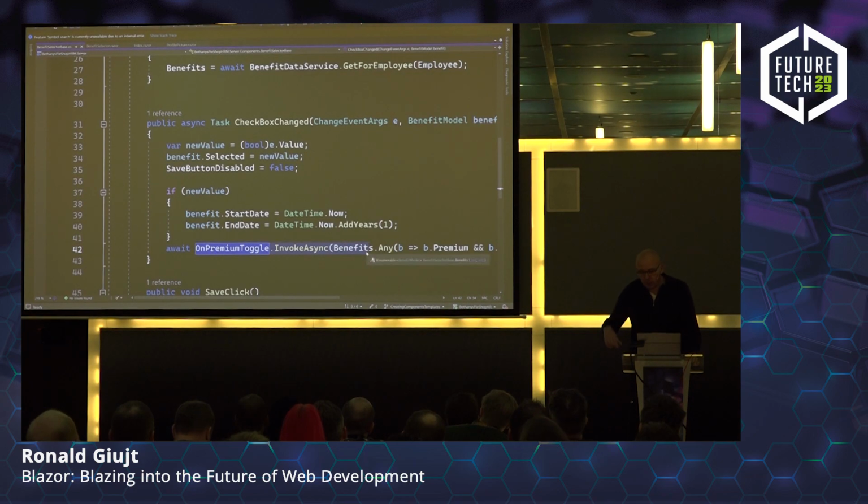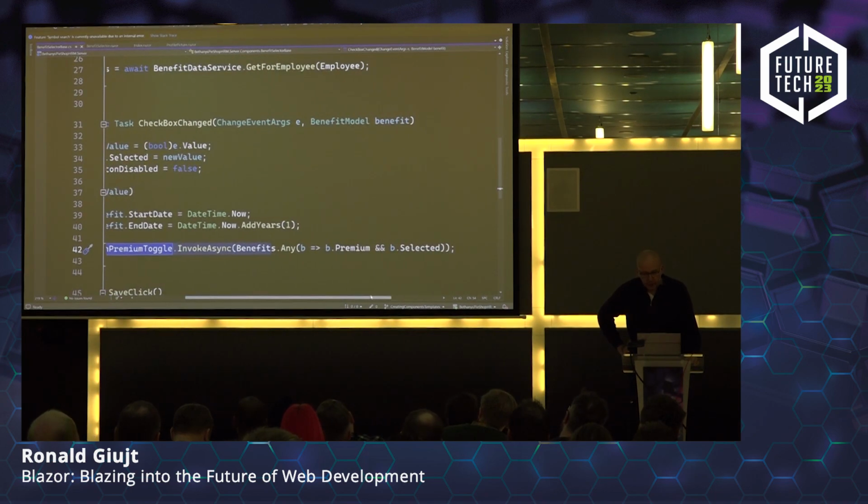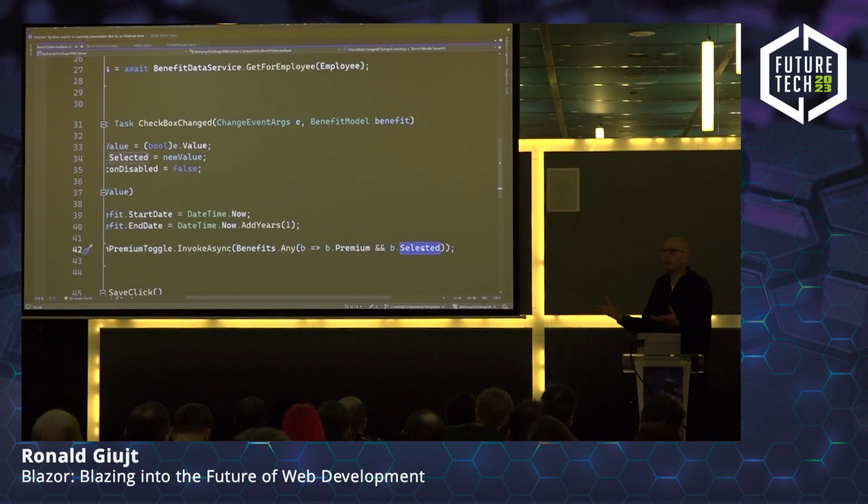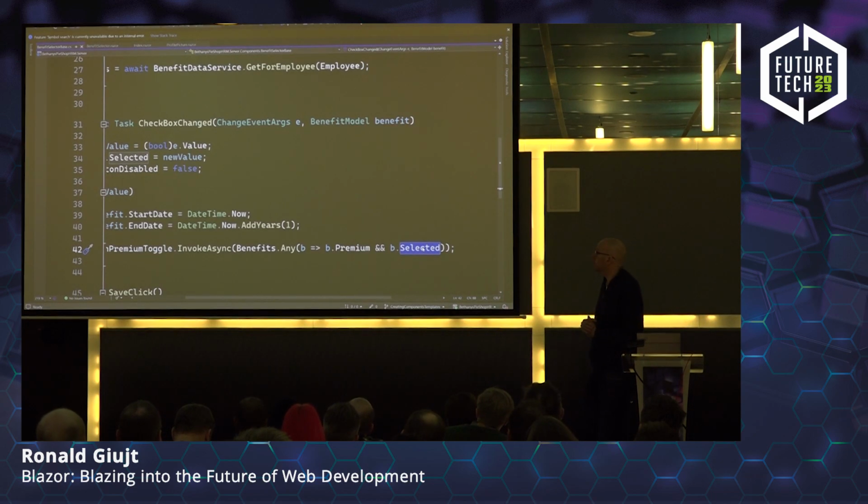But we don't know what method is inside. The only thing we pass in is a Boolean, and the Boolean represents if there are any benefits which are premium and are selected. It's just a Boolean. It's either true or false.